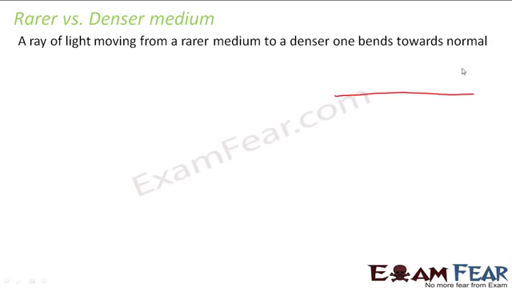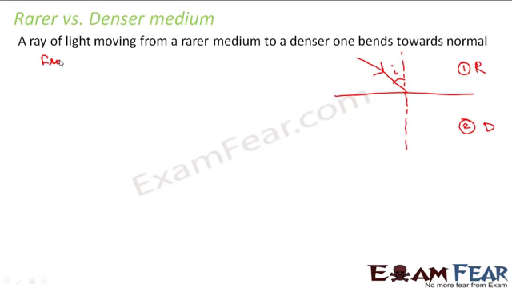Let us suppose this is medium 1 and this is medium 2. This is my rarer medium and this is my denser medium. This is the normal, and let us suppose this is my incident ray. So now it will bend, that we know, but how much will it bend and how will it bend?